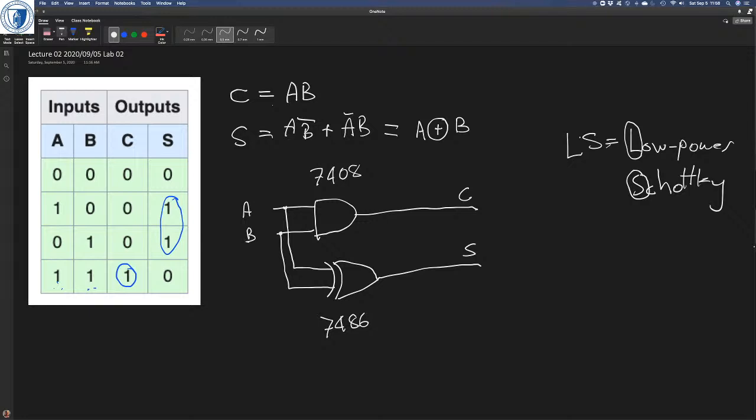So, as I said, when we went from RTL logic to TTL logic, one of the reasons we did that was because of power. And there was a slight modification using Schottky transistors instead of the standard transistors. Again, the aim was to reduce the power consumption of the logic gates.